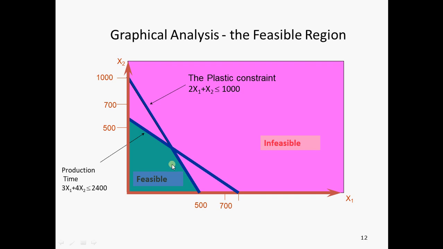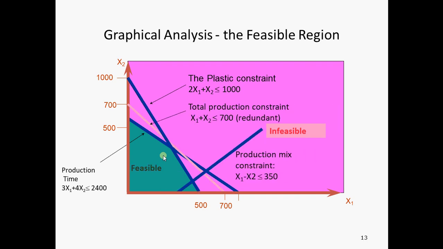Fine, this becomes feasible now. Now if you incorporate one more, this will be eliminated. So whether the constraint is showing upwards or downwards, that you have to see, and you have to go on seeing the changes. Fine. Now this is the feasible region.